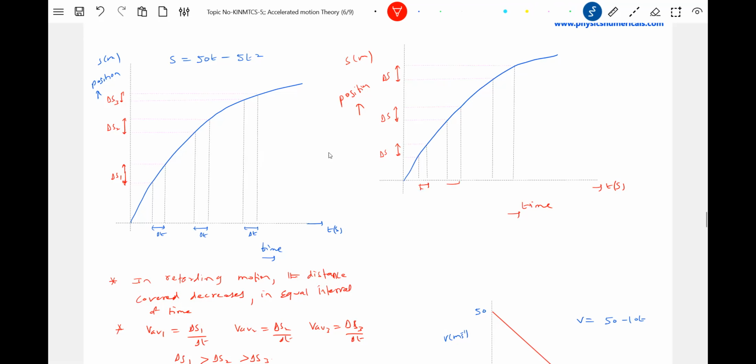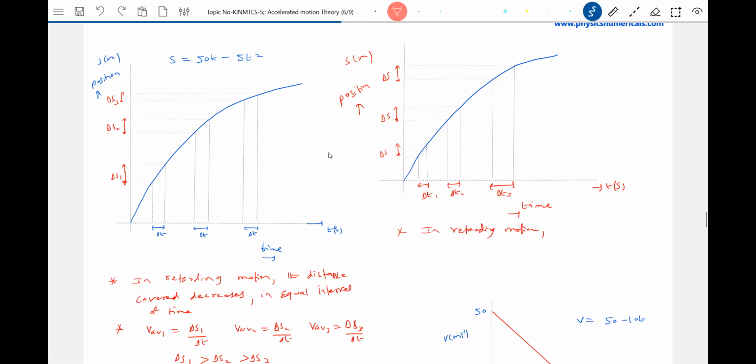Intervals of time, we'll see. So in retarding motion, what is one more point we can conclude? In retarding motion, the time interval for equal displacements will increase in retarding motion.